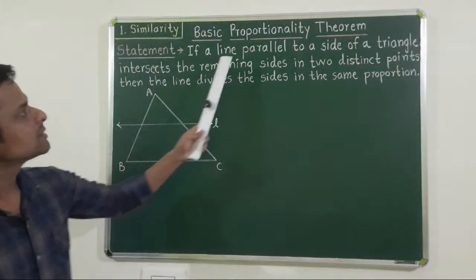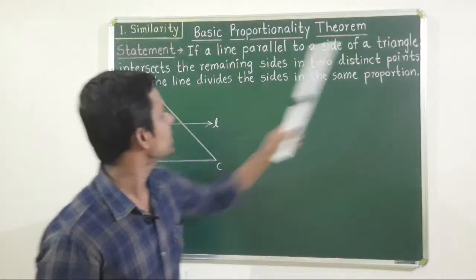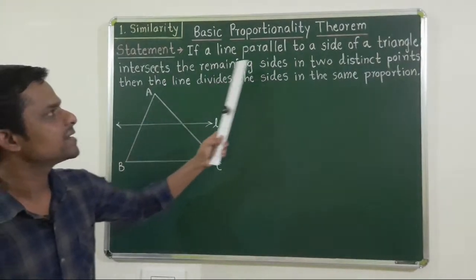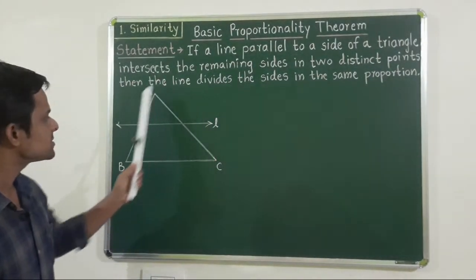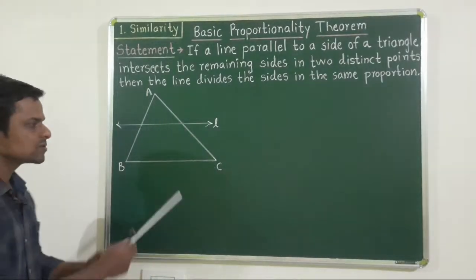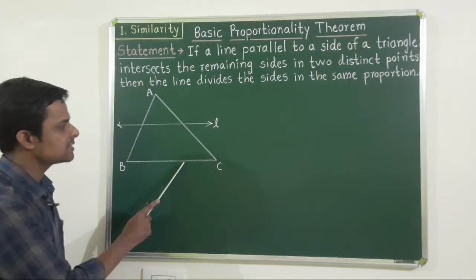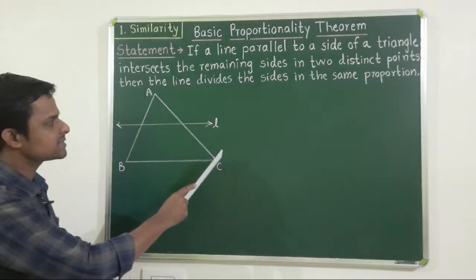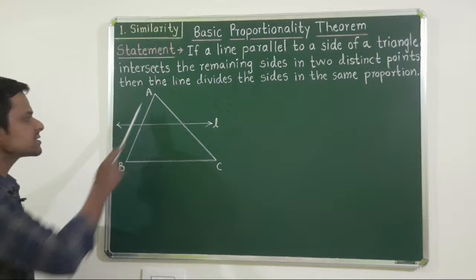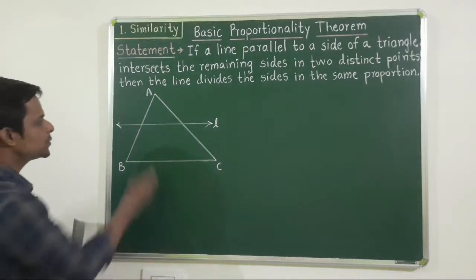Now next, the line parallel to a side of a triangle intersects the remaining sides in two distinct points. This line L intersects the remaining two sides; the first side we have taken is BC, and the remaining two sides are side AB and side AC. Line L intersects them in two distinct points.